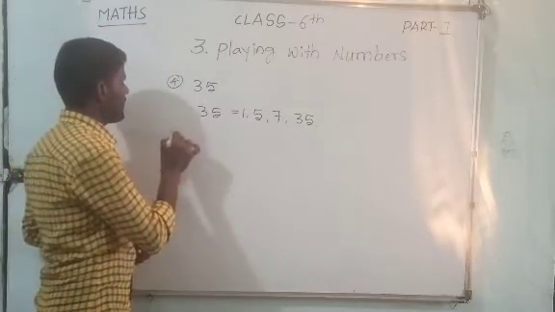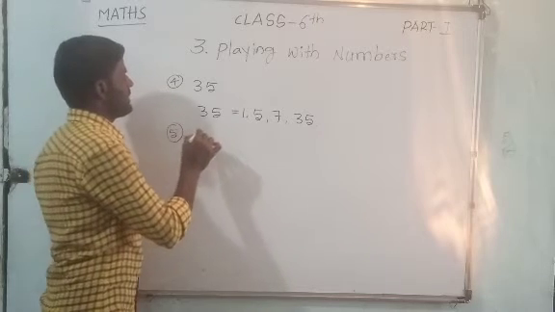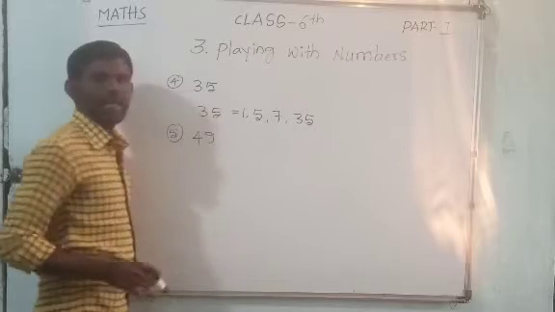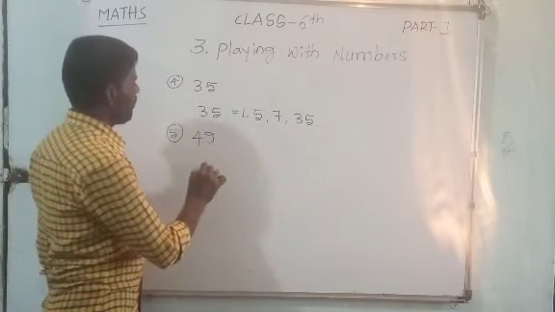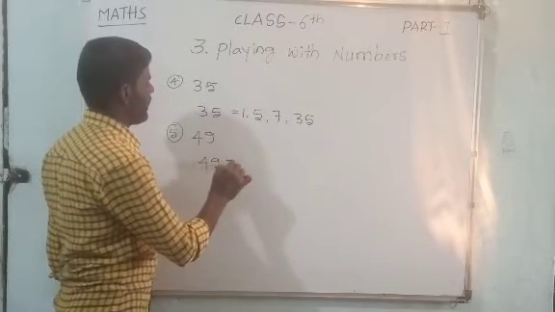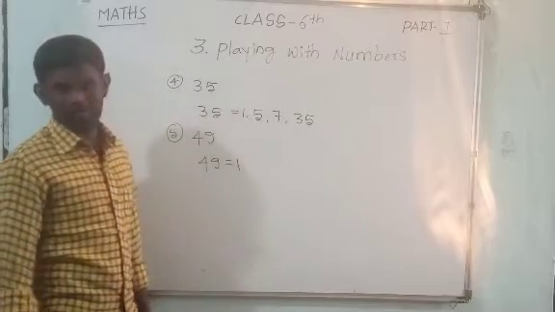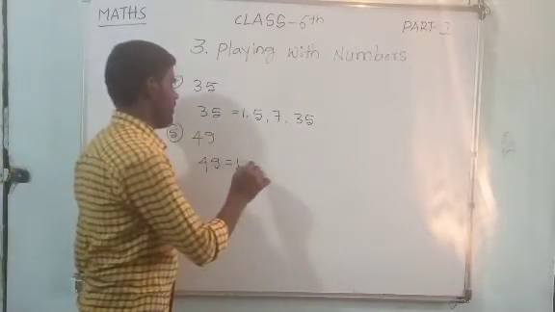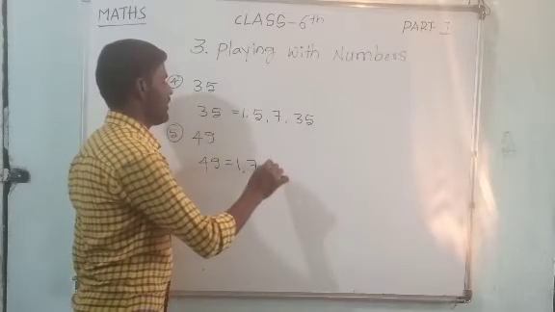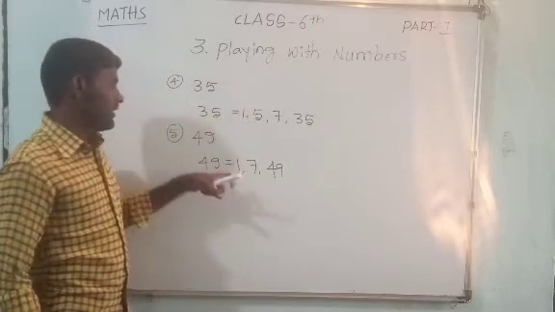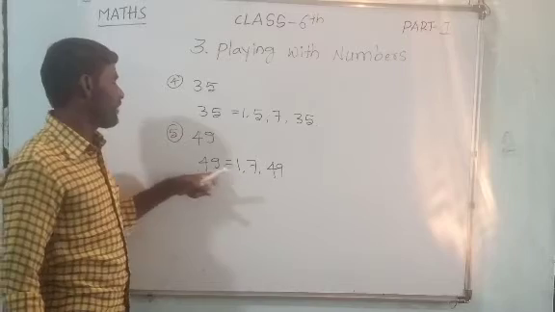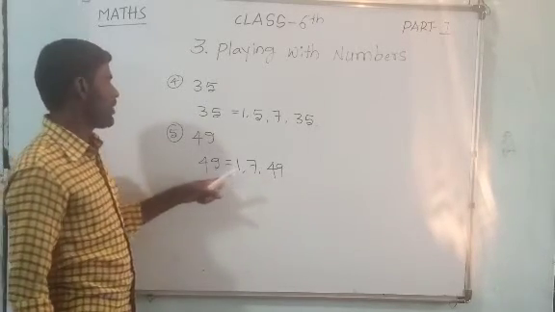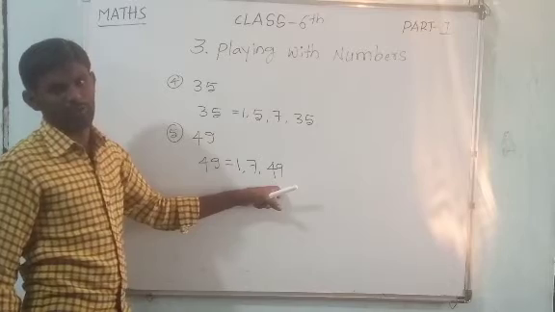Example 5, dear children: suppose 49. Factors of 49: 1 is a common factor for all numbers. Then 7 sevens are 49. Then 49 only. 49 is divisible by 1, 49 is divisible by 7, and 49 is divisible by 49 itself.